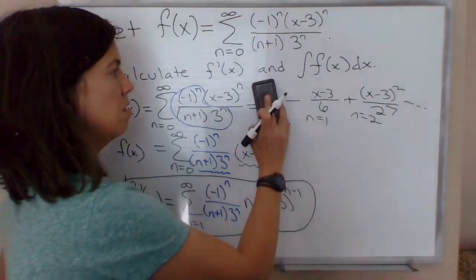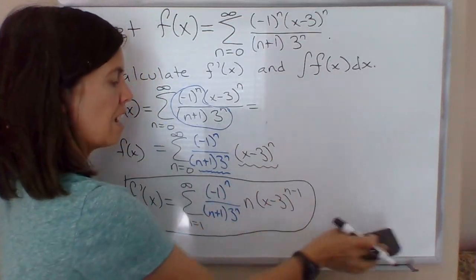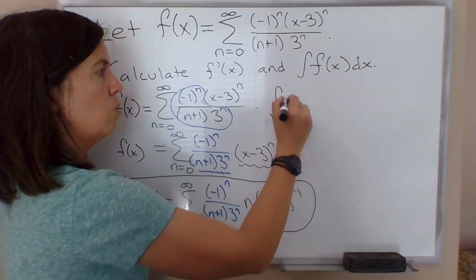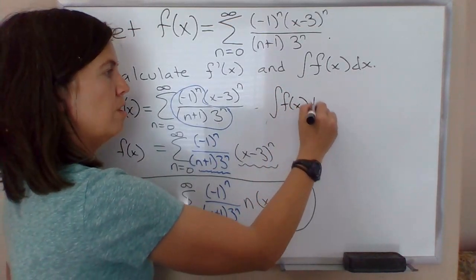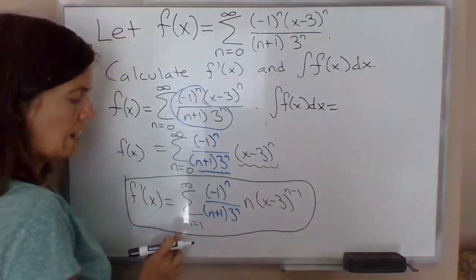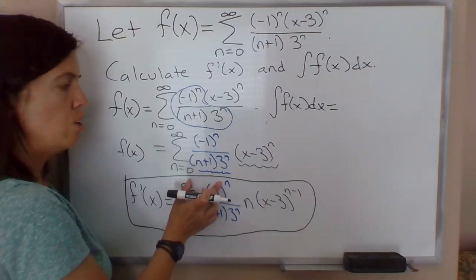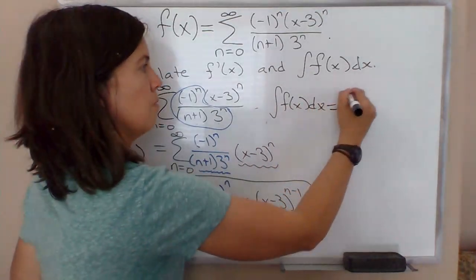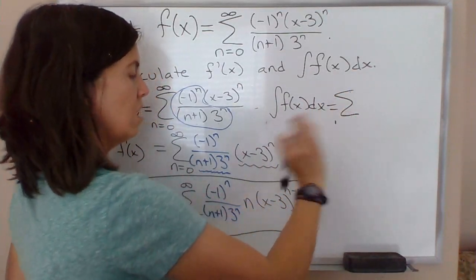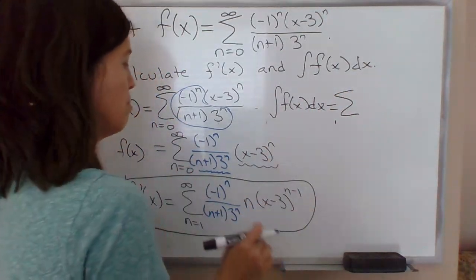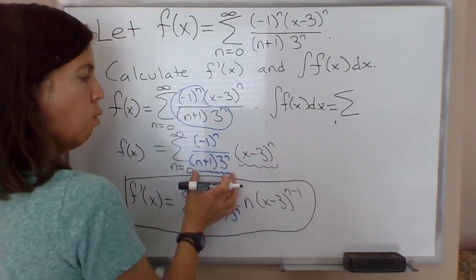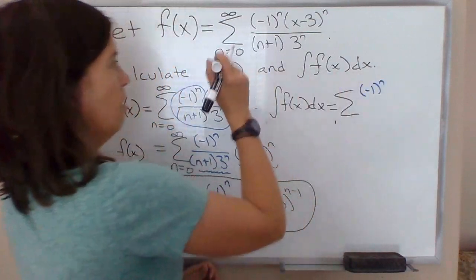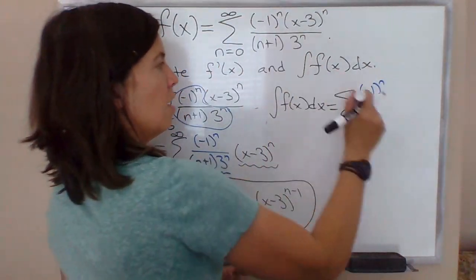Okay, let me get this out of the way, and let's talk about the antiderivative of f of x. So the antiderivative, we can work that out the same way. So think about how you integrate a polynomial like this. You leave the, let's see, so this is the sum. And again, we can talk about starting values in a minute. But the way you integrate, you leave the coefficient alone. So I could start by just copying down every part of this power series expression that does not involve x.